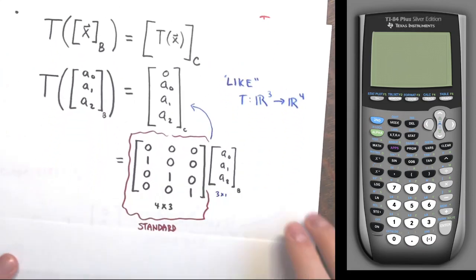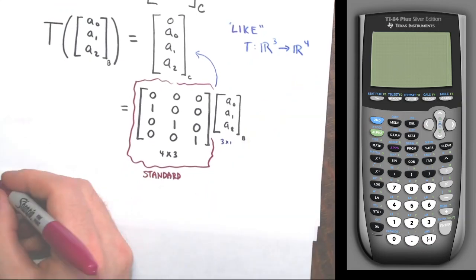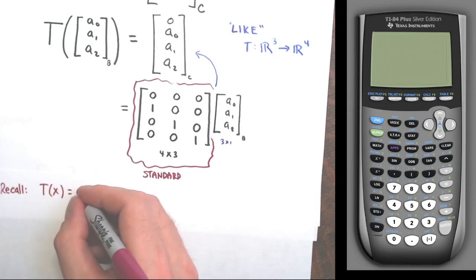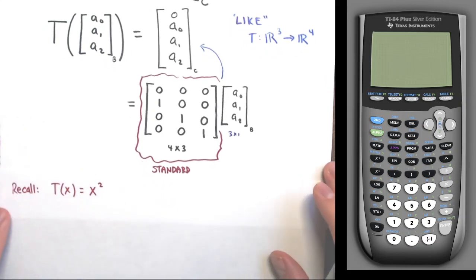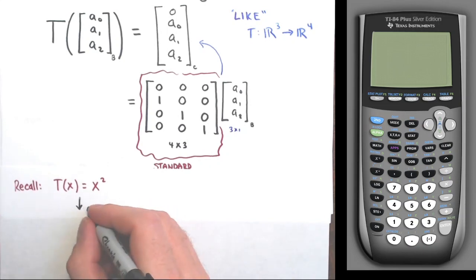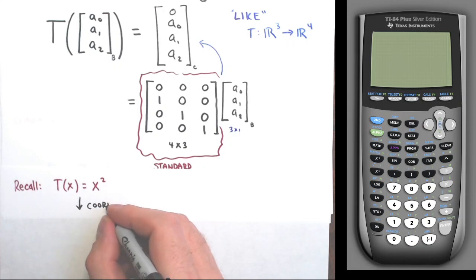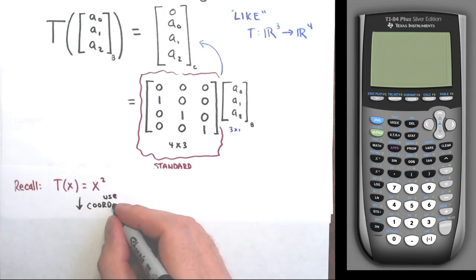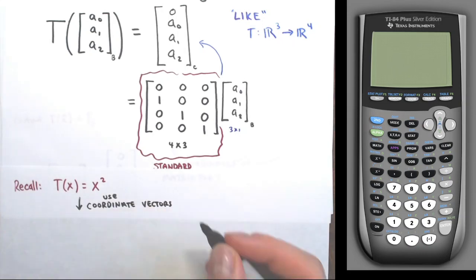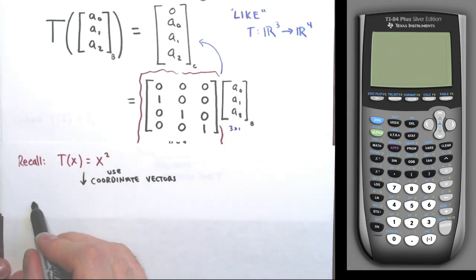So I'll go back here. Recall from earlier that T of x was just x squared in this rule. Now if I translate this to coordinate vectors, what's the coordinate vector of just x with respect to basis B?